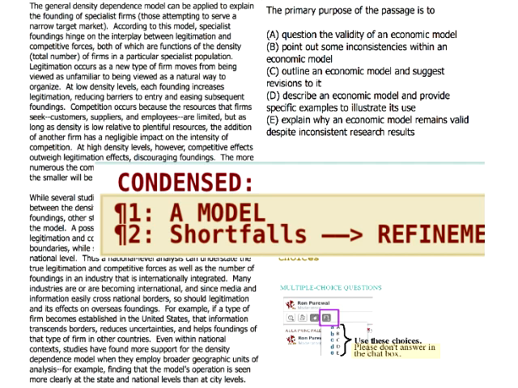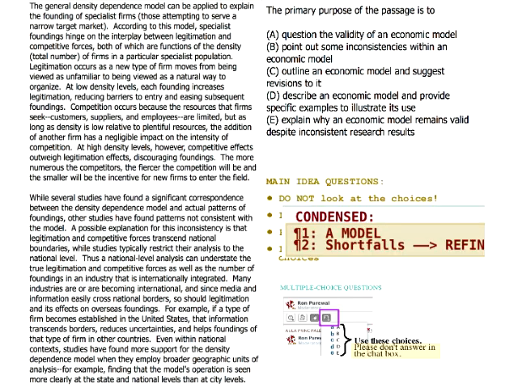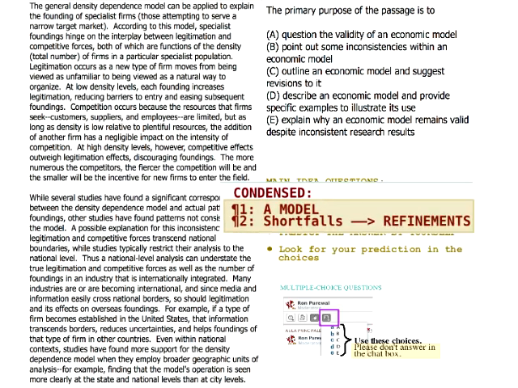Okay, so there's a model, and then there are shortfalls, but then we fix those. So if you look at this condensed table of contents, it should be pretty clear that the right answer is E, because you can refine the model so that the shortfalls are addressed. So that's E. This is what we want.